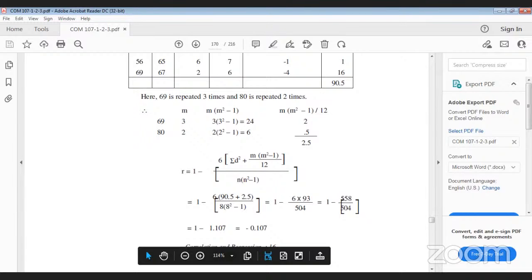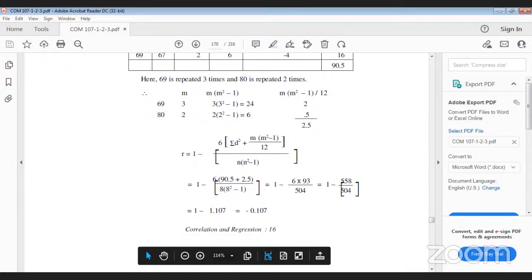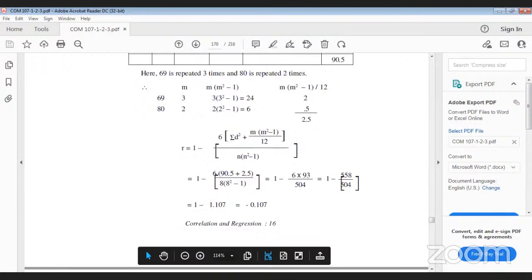And that is why the answer given in your book is wrong. The answer given in the book is minus 1.107. Instead of that, it should be minus 1.094.